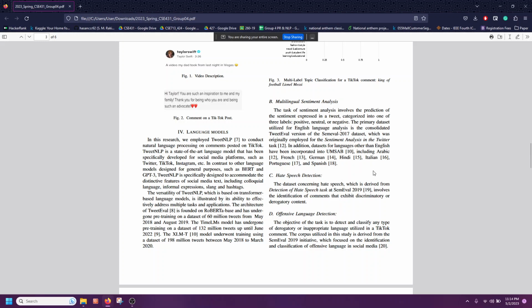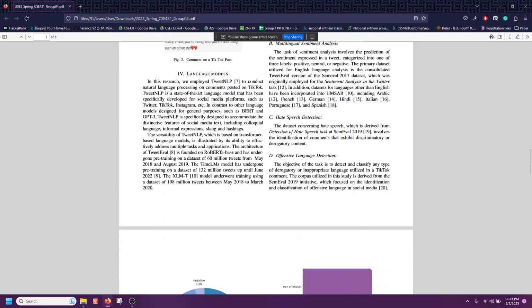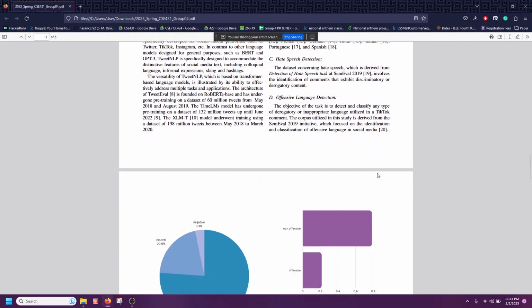Now I'm going to talk about hate speech detection. The dataset concerning hate speech, which is derived from the detection of hate speech task at SemEval 2019, involves the identification of comments that exhibit discriminatory or derogatory content. Offensive language detection can also be done using this model.